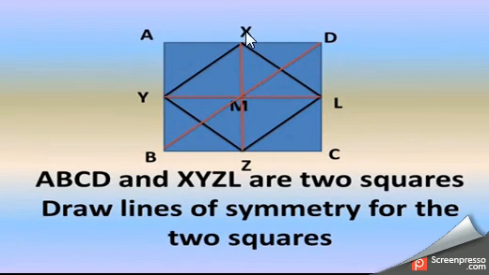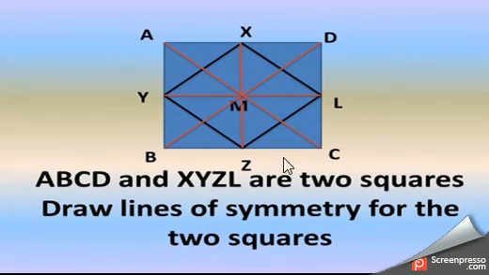This is also a line of symmetry of the big square ABCD, because this is the diagonal of the big square. I consider it a line of symmetry. And I will draw the second diagonal, so this is the fourth line of symmetry of the square XYZL, and we have 2 lines of symmetry of the square ABCD.